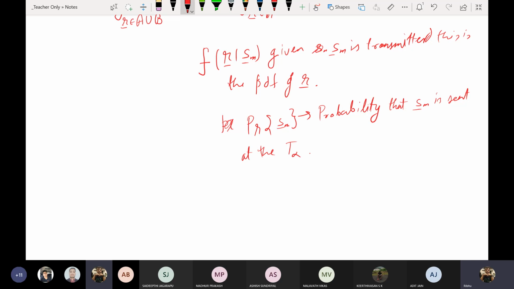And p of e given m is actually the probability of error occurring given that sm is sent.